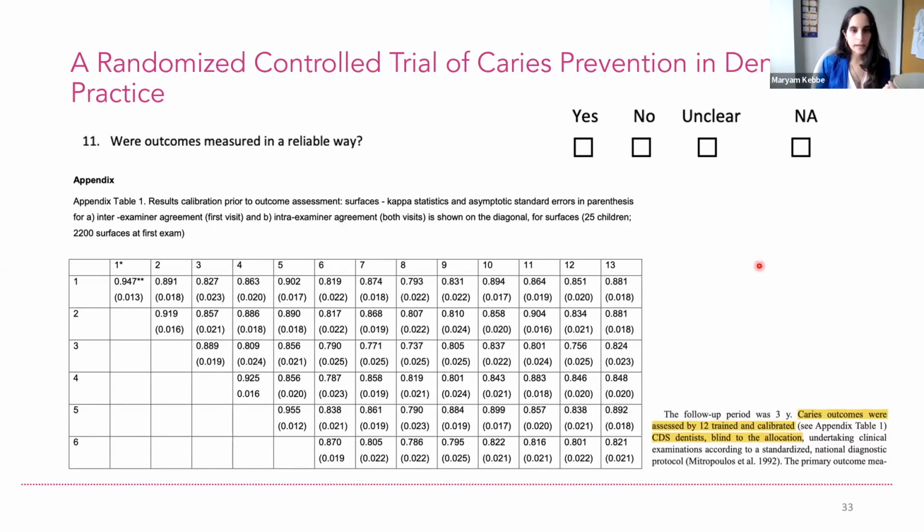So essentially any measurement that showcases reliability across the outcomes that were measured in the study. And again, this is very unusual for a published RCT. They included in their appendices the inter-rater reliability. As you recall, there were 12 trained dentists, and so they included the inter-rater reliability here, which fared quite well.